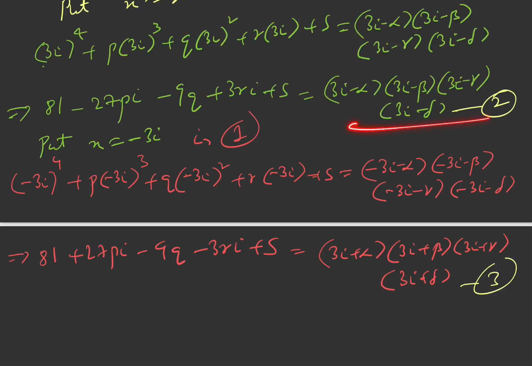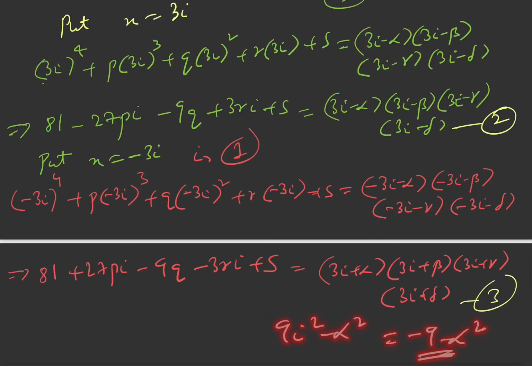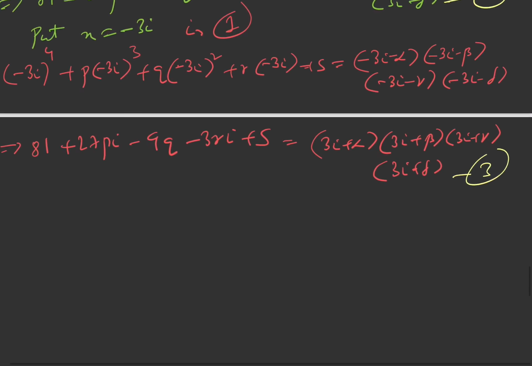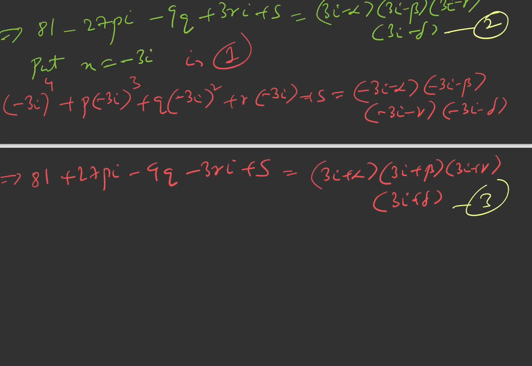If I multiply equation 2 and equation 3, on the right hand side you can see that 3 iota minus alpha, 3 iota plus alpha, a plus b times a minus b will give me a square minus b square. That would be 9 iota square minus alpha square, and 9 iota square is minus 9 minus alpha square. So you have this generated: 9 plus alpha square, 9 plus beta square, and so on. So what I am doing is just multiply equation 2 into equation 3.